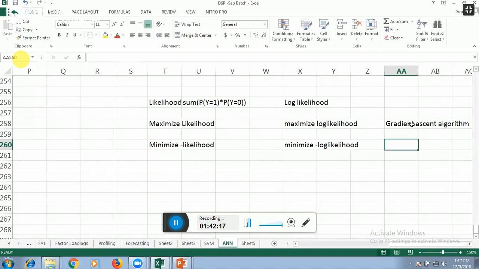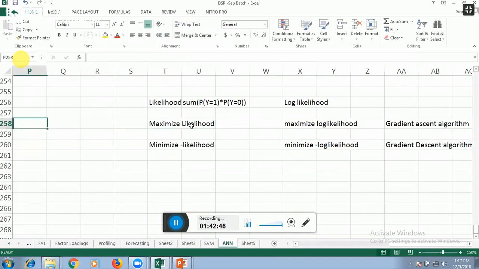You remember, maximization problems use gradient ascent and minimization problems use gradient descent algorithms. Do you agree with me? So to maintain consistency, we always try to convert our maximization problems into minimization problems.